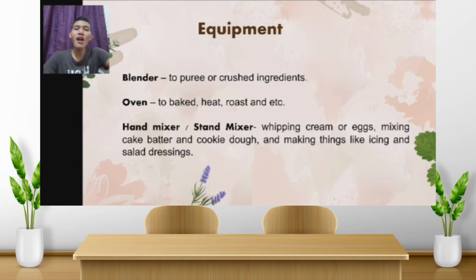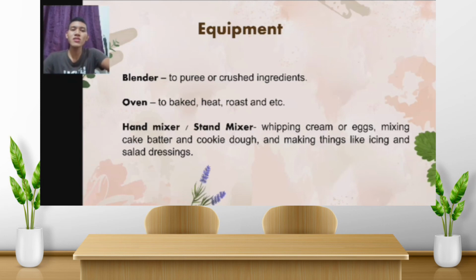We have also the oven, the most important equipment in the baking process. The oven is used to bake, heat, roast, and so on. Okay, so that is the function of the oven. We have also the hand mixer and stand mixer.